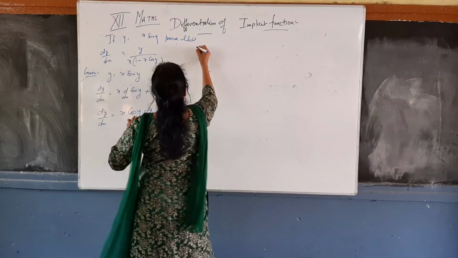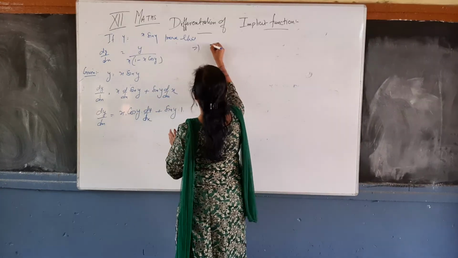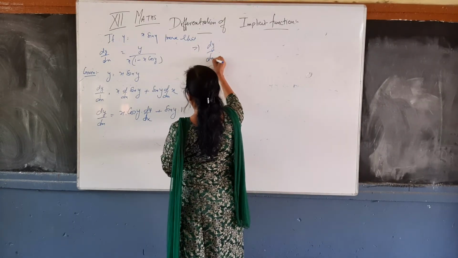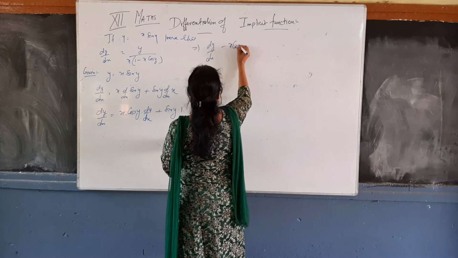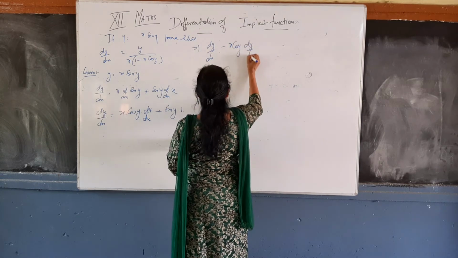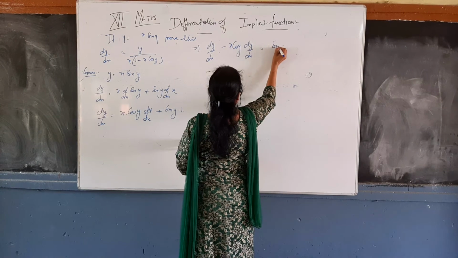Now to bring dy by dx to one side, we get dy by dx minus x cos y dy by dx equal to sin y.